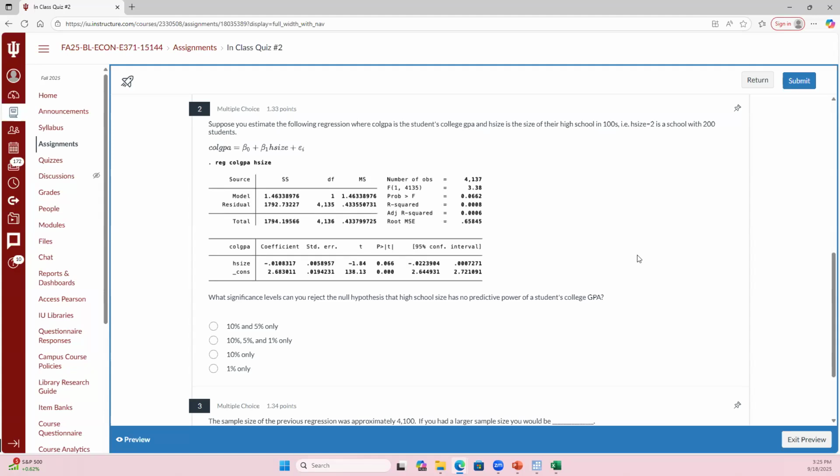What's probably easier is, once I have my slope coefficient, remember, how do we come up with a test statistic for a sample mean? We took the sample mean, subtracted the assumed true mean, and then divided by the standard deviation of the sample statistic we were looking at. We're going to do the same thing here.